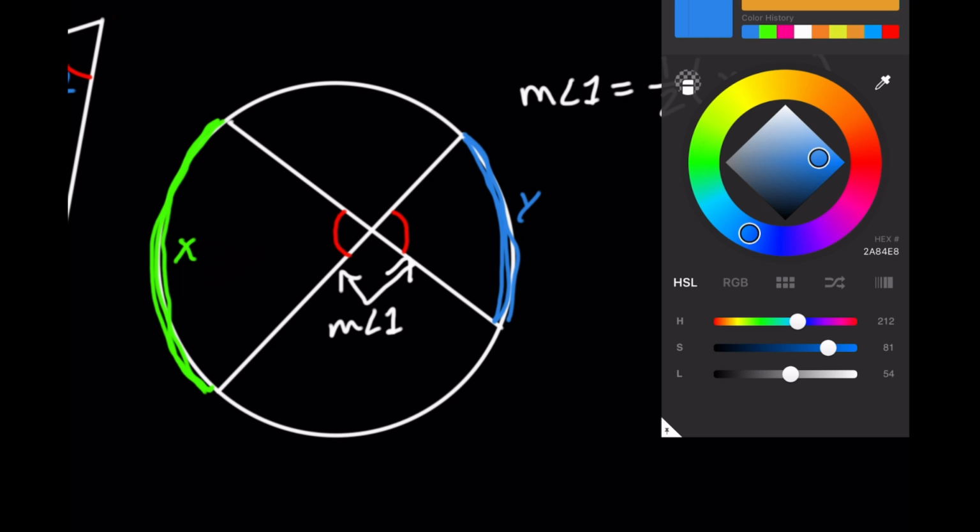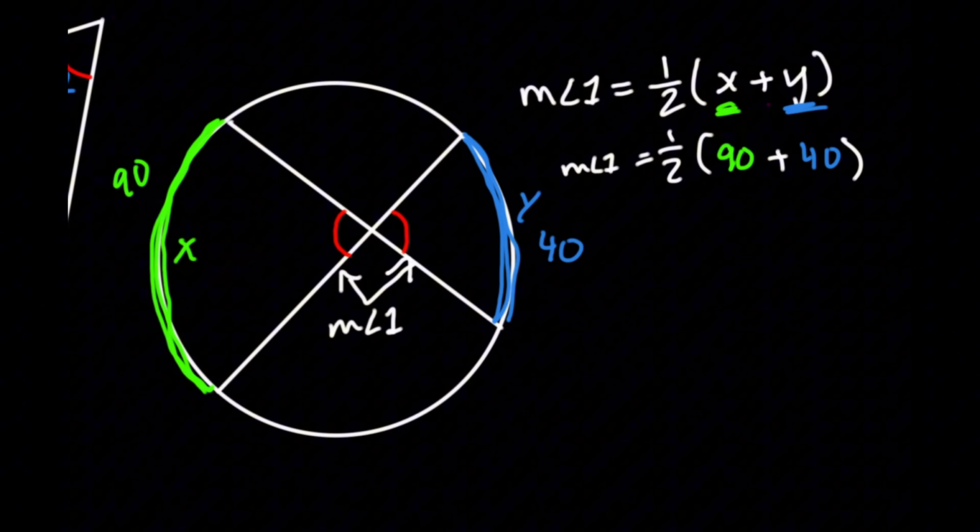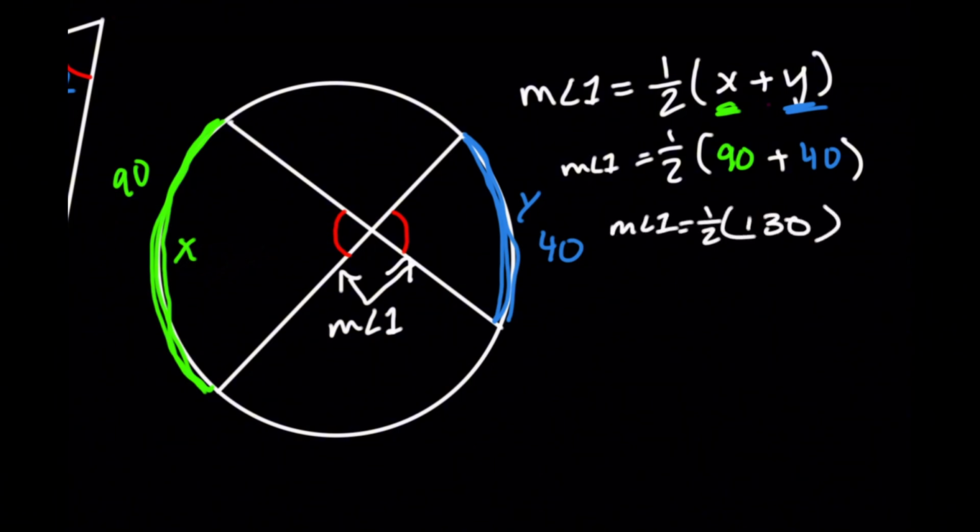So, x and y here. Let's say x is 90 and y is 40. 90 plus 40 equals 130, and then 130 divided by 2 equals 65. So this angle would be 65 degrees, and both sides would be 65 degrees since they're vertical angles.